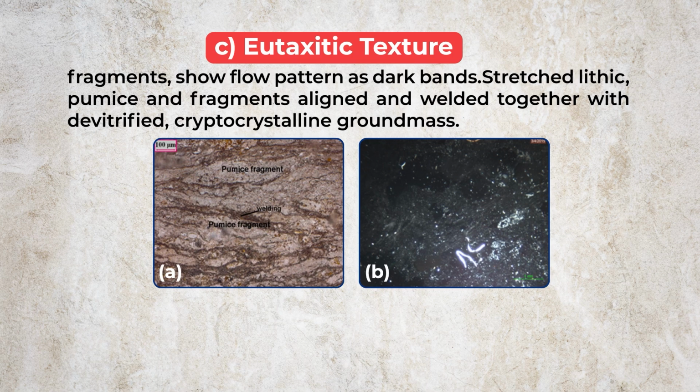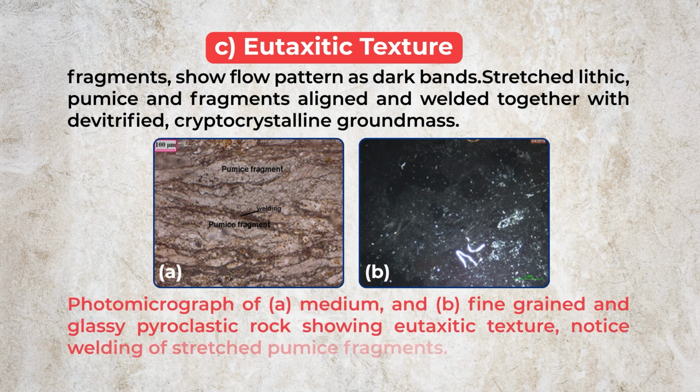Stretched lithic and pumice fragments are aligned and welded together with a devitrified cryptocrystalline groundmass. See the black bands in the rhyolitic specimen here, embedded within the orthoclase groundmass. And on a fine-grained glassy pyroclastic rock showing eutaxitic texture, notice the welding of stretched pumice fragments.